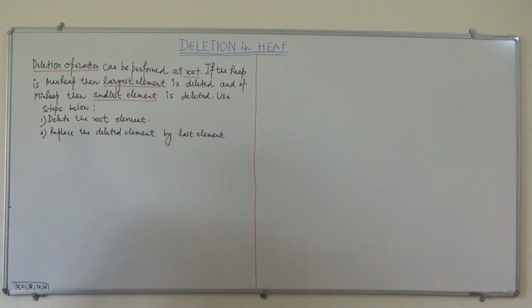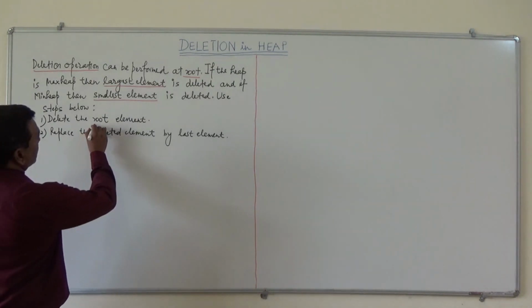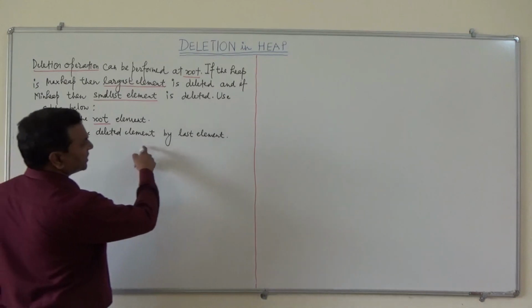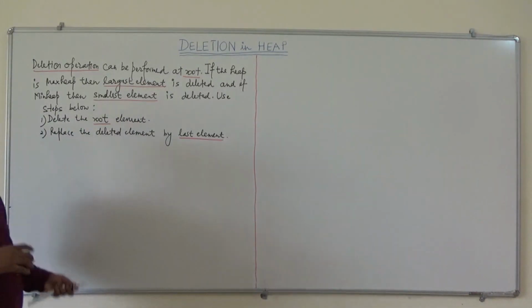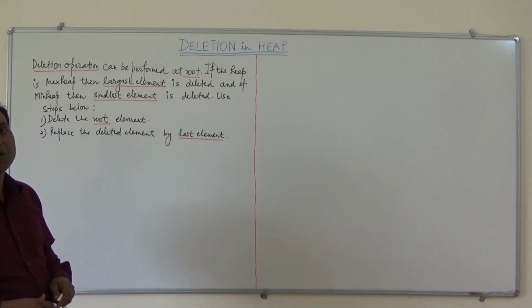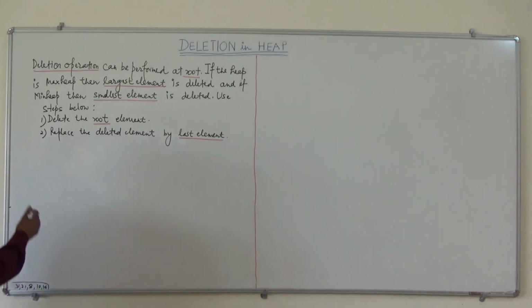So replace the deleted element by the last element. So first delete the root, then replace the deleted element by the last element, and this replacement may destroy the order property of the heap.